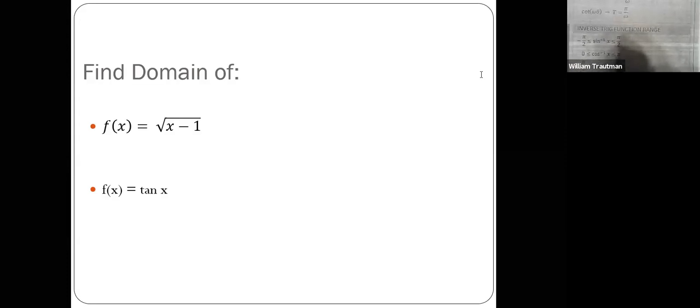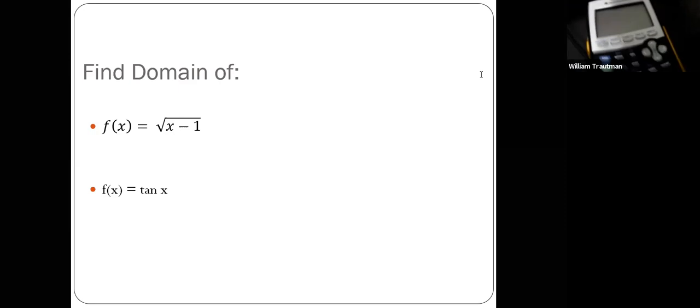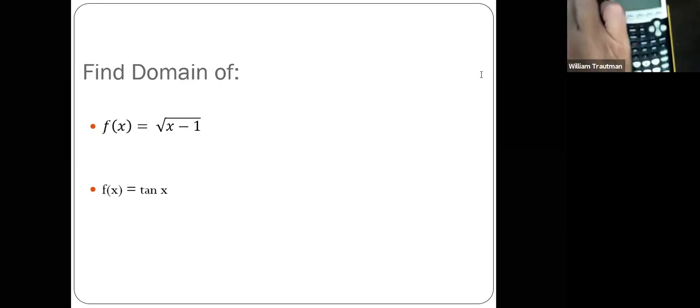It talks about trig inverse functions, and it goes from negative pi over 2 to pi over 2. That's the domain for inverse tangent functions. The reason why that's the domain is because pi over 2 is an asymptote. So pi over 2 is an asymptote on here.